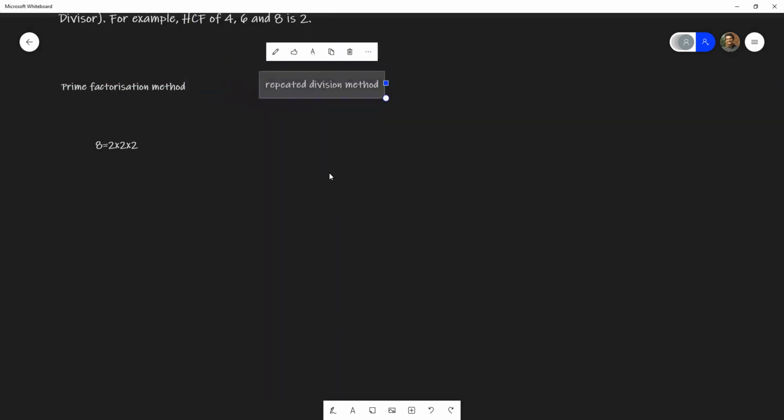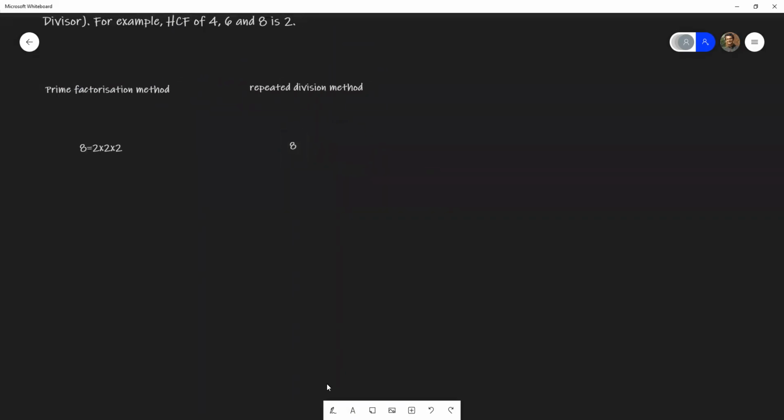So what is the repeated division method? Let me take the number 8 again. Okay. So what I'm going to do is draw something like this. I apologize, it's a little bit different. But what can we do here? We can put a 2, right? Yes.